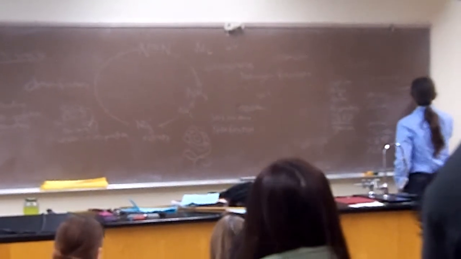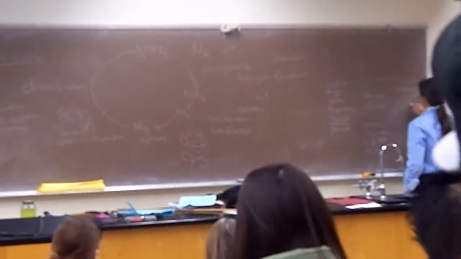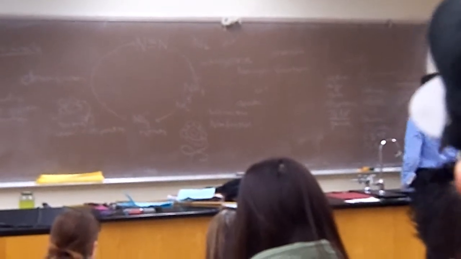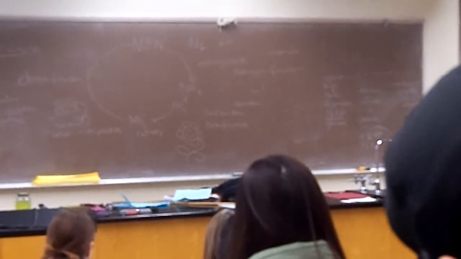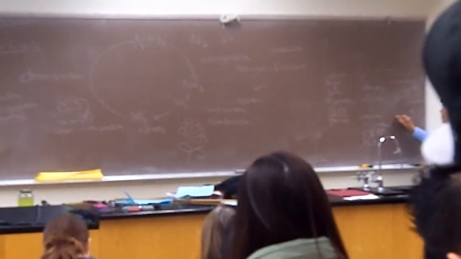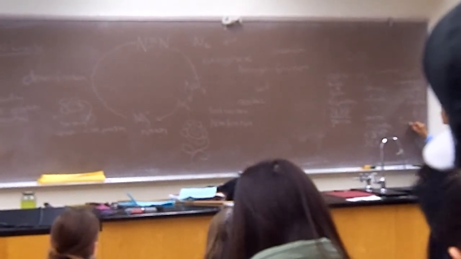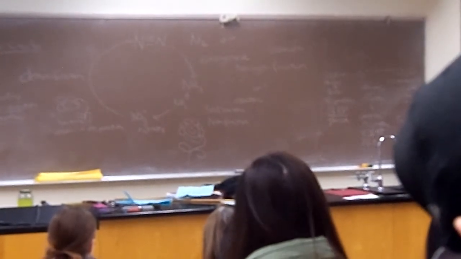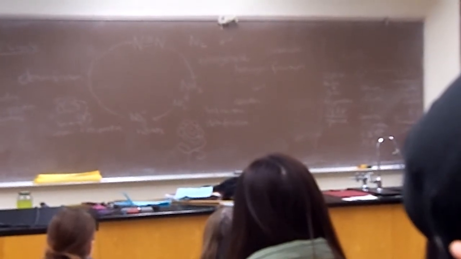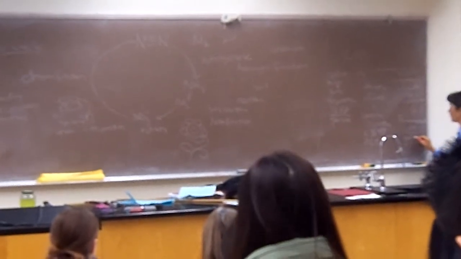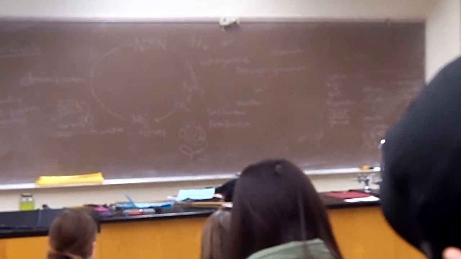And then if there's no alternate electron acceptor, maybe, for example, nitrates aren't present, what can E. coli do? Carry out fermentation, right? So it'll grow slowly, right? And why is it growing slowly? How many ATP is it making? Just 2, right? So it's not going to grow very fast. But using fermentation, it can make 2 ATP per glucose.